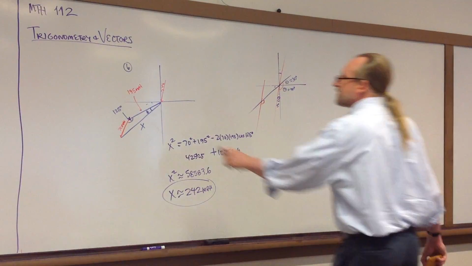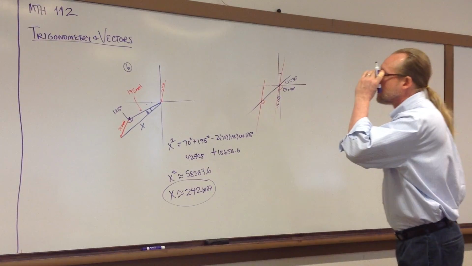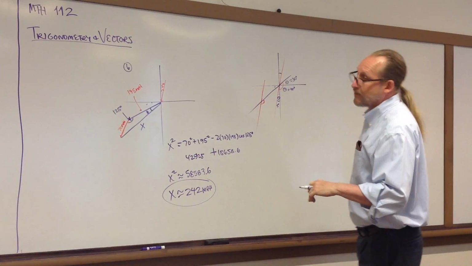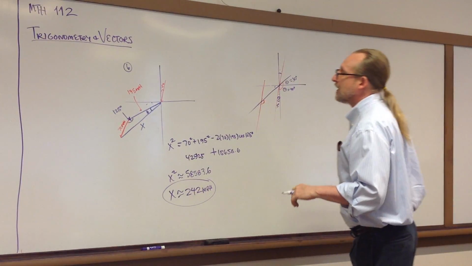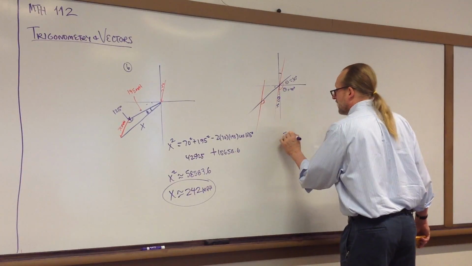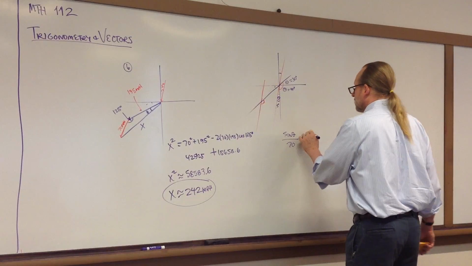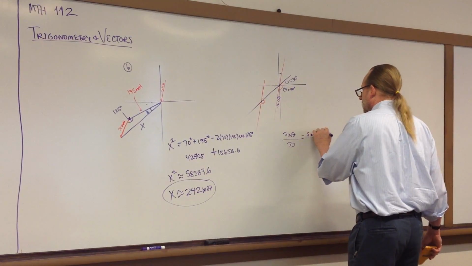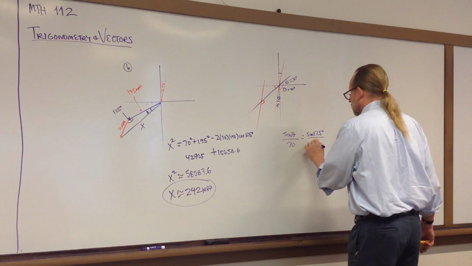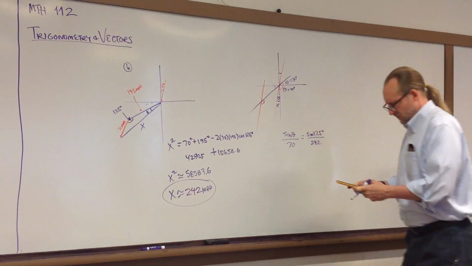Now let's find the value of that angle theta so we can know what the actual flight path for the helicopter is. We'll say sine of theta over 70 is equivalent to the sine of 125 degrees over 242.